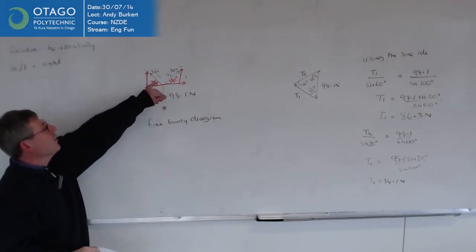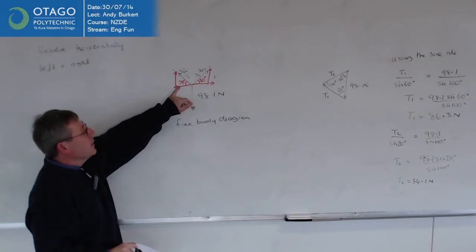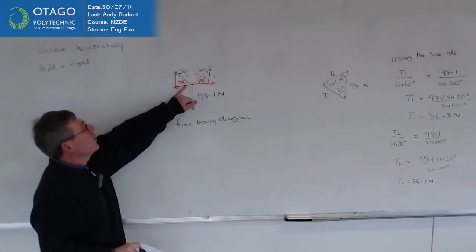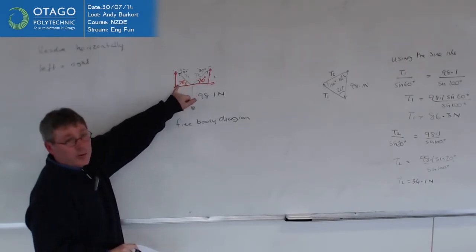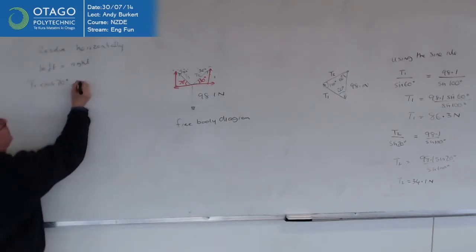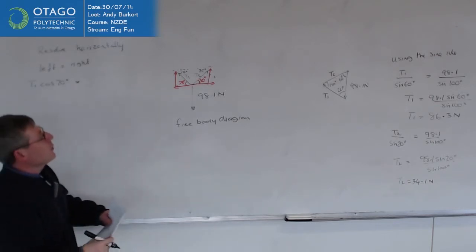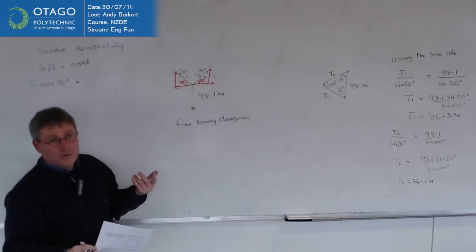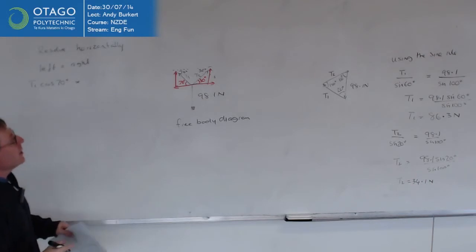So remember I said when you know the angle to the horizontal, it's times the cosine of the angle. So we can say T1 cosine 70 equals the horizontal component of T2 acting to the right. So that's T2 cos 30.